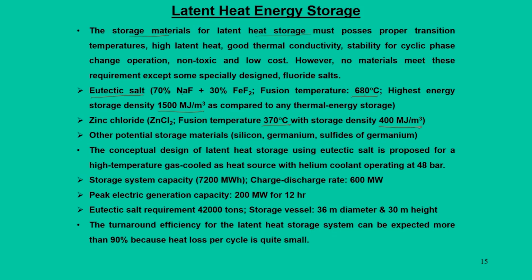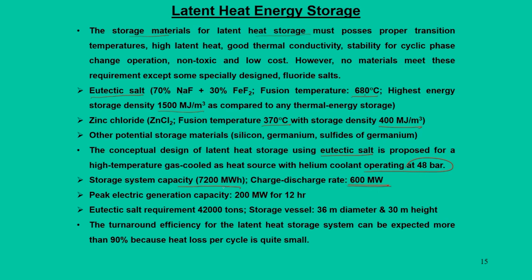They can give a storage density of 400 megajoule per meter cube. And for a typical unit in that circuit, which uses eutectic salt and operates with helium coolant at 48 bar, one can explore a storage capacity of 70 to 100 megawatt hour, and a charge-discharge rate of 600 megawatt.